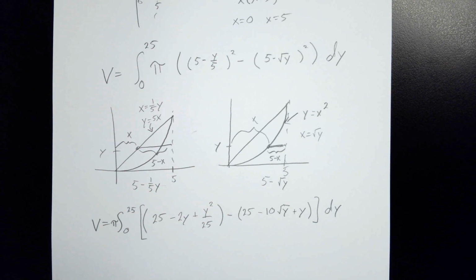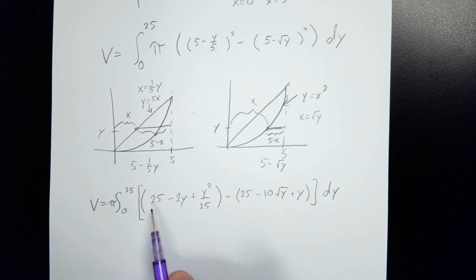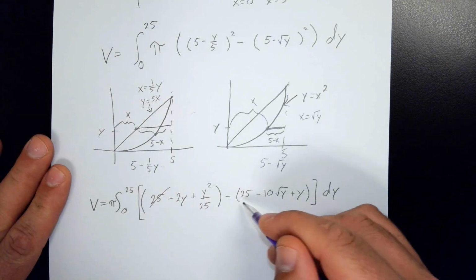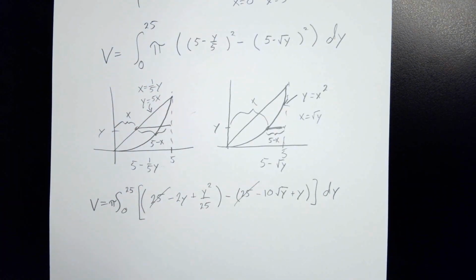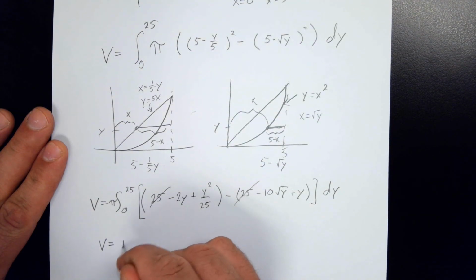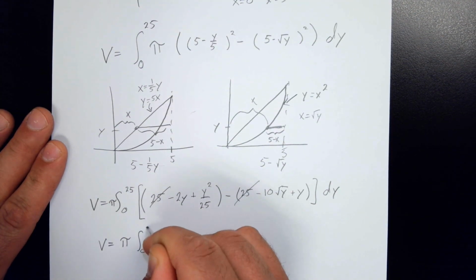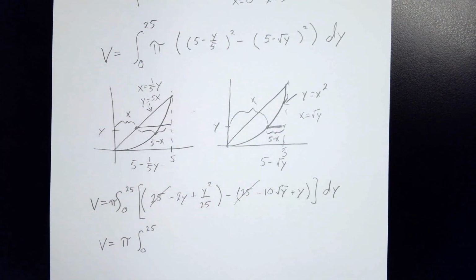Some of these terms can cancel out. I've got 25 minus 25, so that goes away. Some of them can be combined. I haven't done any integrating yet. This is all set up and then simplifying.